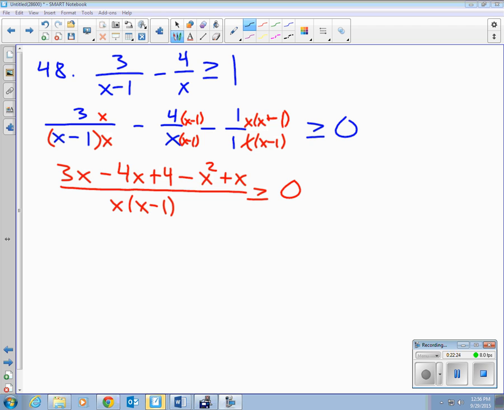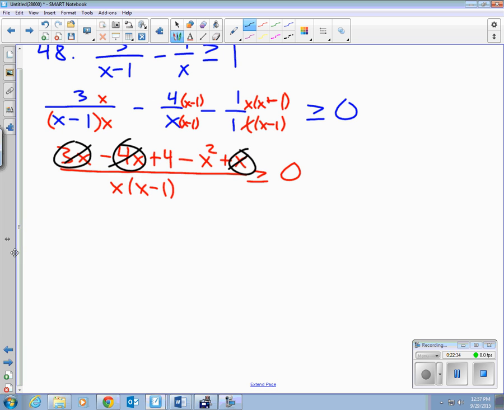Combine like terms. X and 3x make 4x. So those will cancel with the negative 4x, correct? So in the numerator, you have 4 minus x squared.